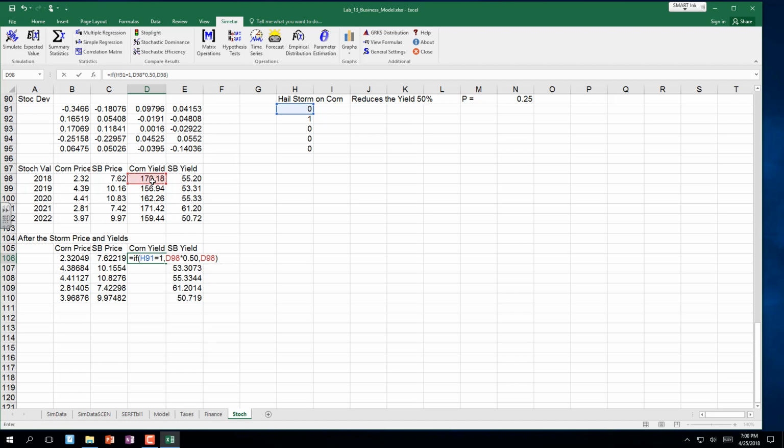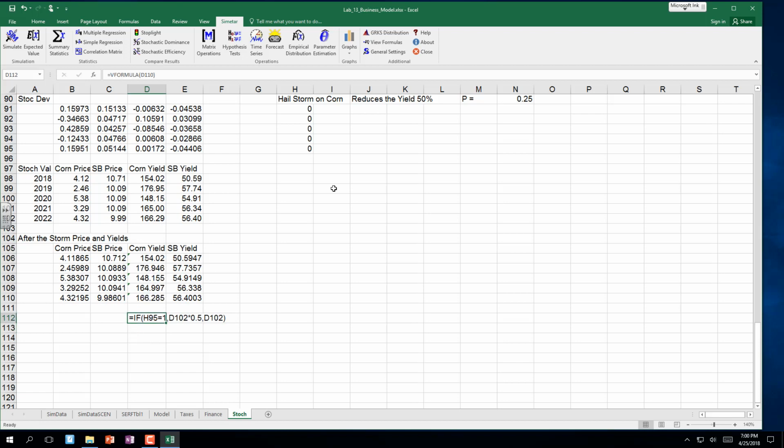So if it's 1, I've got a hailstorm, and I'm going to cut my yield in half. Then I can just drag that formula down, and I'll put a new formula on it. Now, since I don't trust anything, I'm going to put a 1 in there to find out what happens. Oh yeah, I put a 1 in there, and I got a yield of 77, and it was 154. That's about 50%. So I can undo that, Command Z.